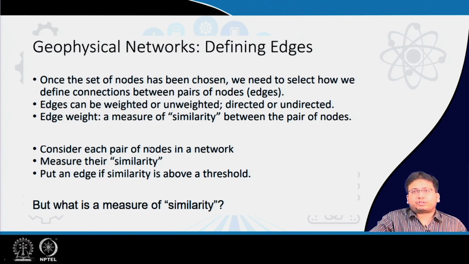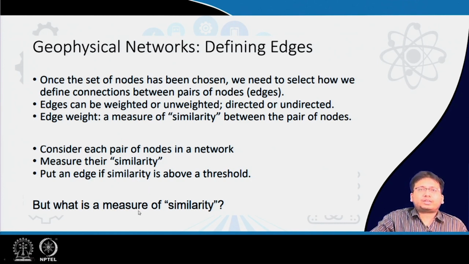So, if the edge is absent, that basically means the corresponding two nodes do not have sufficient similarity. Now, consider each pair of nodes in a network, measure the similarity, and we can put an edge if the similarity is above the threshold. This is the standard way in which we define the network structure.